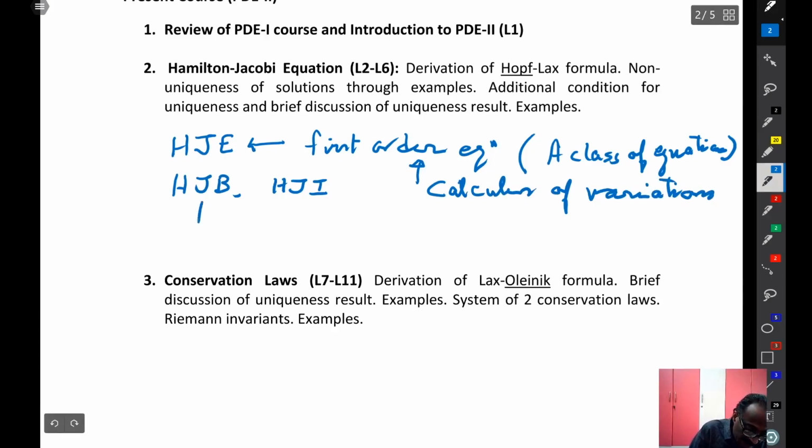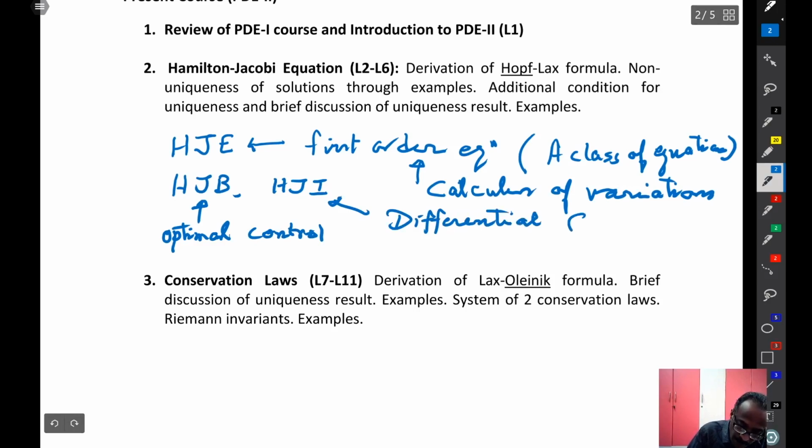On the other hand, this one comes from optimal control problems, and this comes from differential game theory. As I said, we will not do it in great generality.